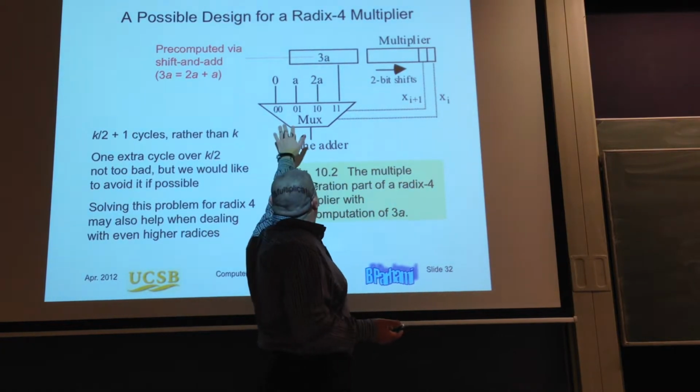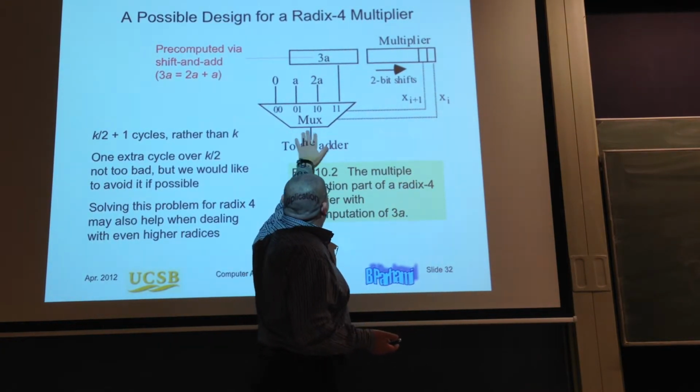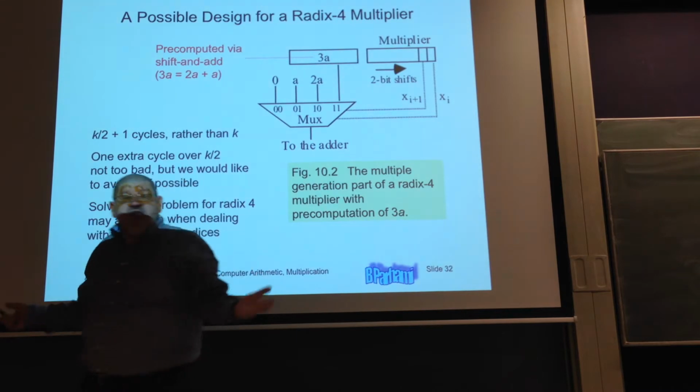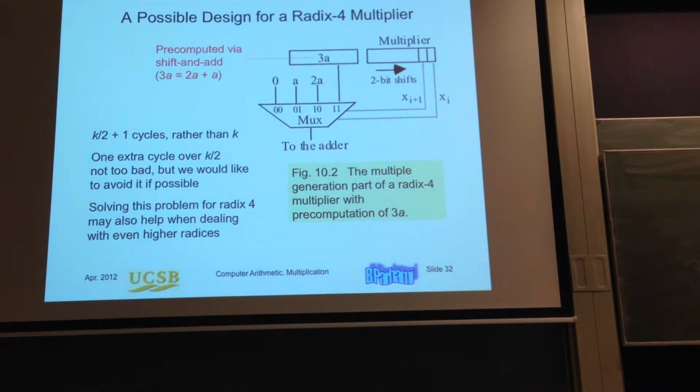If it's 0, 0, I get 0, and so on for 1A, 2A, 3A, and 3A is available because I spend one cycle to pre-compute it. Then it's slightly faster. Actually, it's plus or minus half the time, but it's still not 2 cycles.